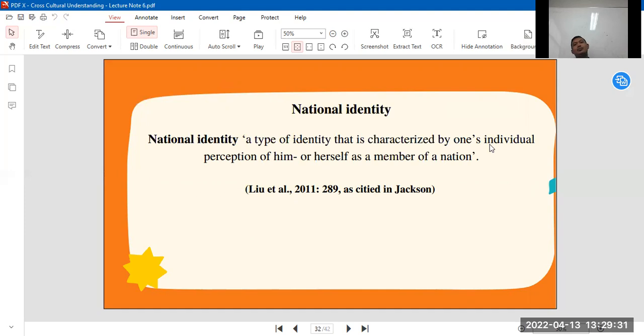Let's say when someone is under threat, whether real or imagined, one's national identity tends to strengthen and even draw individuals closer to other people from the same nation. However, it can also lead to negative perceptions and misperceptions if people who are affiliated with other nations are treated badly.